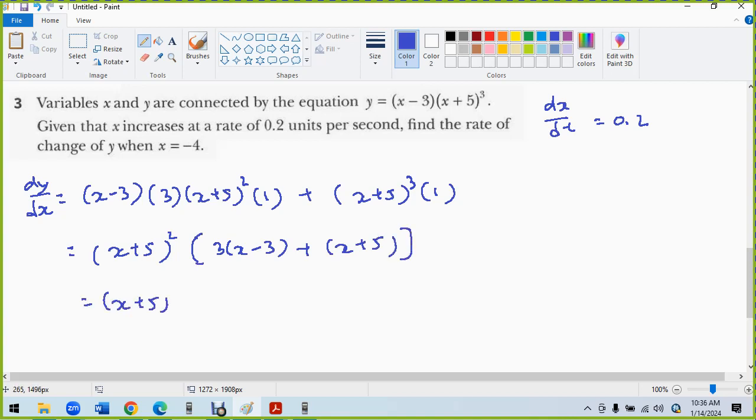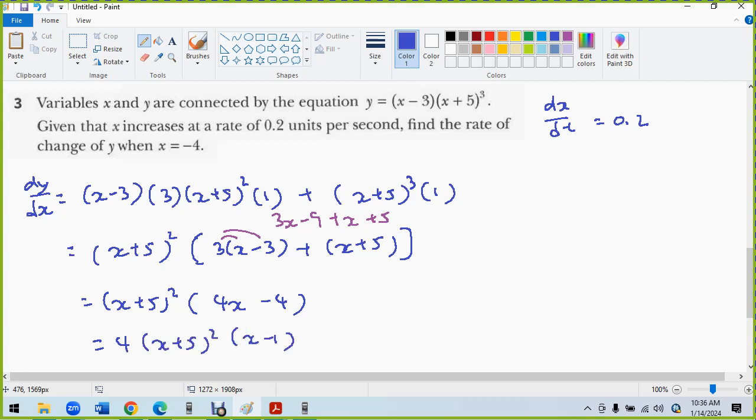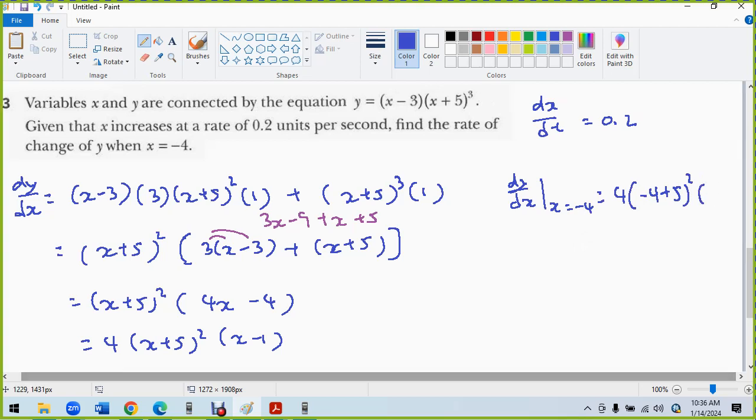So 3x minus 9 plus x plus 5, which is 4x minus 4. So it's 4(x plus 5) squared times (x minus 1). The dy/dx when x equals negative 4 is 4 times (negative 4 plus 5) squared times (negative 4 minus 1). So we have negative 20.